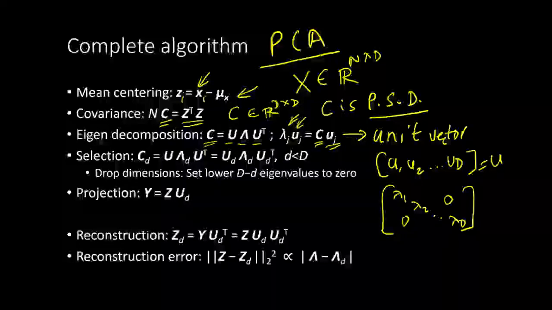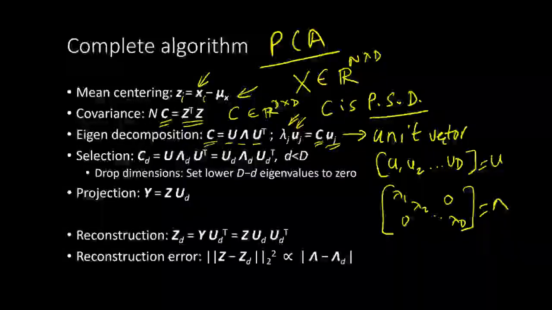Now, what is the order of the eigenvalues? We can actually permute the eigenvalues, but the convention is that lambda 1 is greater than or equal to lambda 2, which is greater than or equal to and so on up to lambda d, and that is greater than or equal to 0.